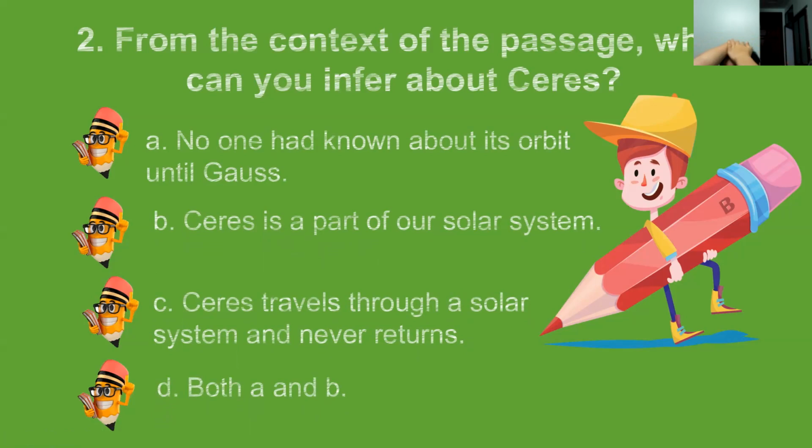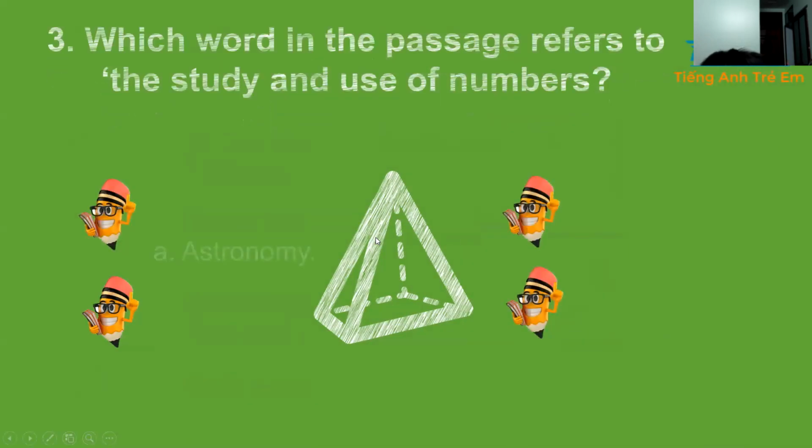Or D, both A and B. No, the answer is A... Letter, oh, it's D, both A and B. Okay. Let's proceed to the next question.